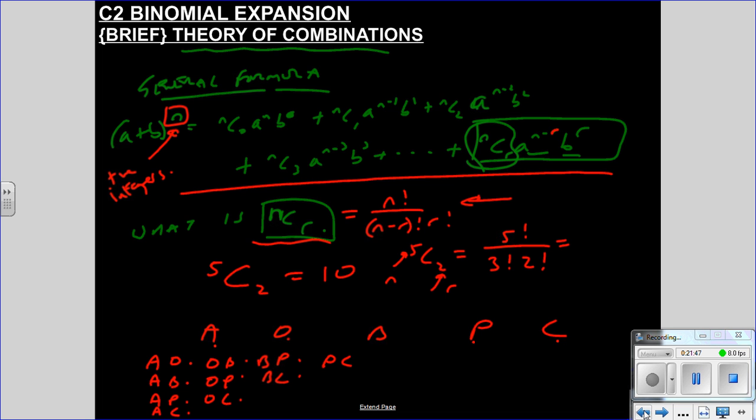There's some really fun stuff you can do with factorials. Can you see that 5 factorial is the same as 5 times 4 factorial? Can you see that? And 4 factorial is the same as 4 times 3 factorial over 3 factorial, 2 factorial. And do you see that 3 factorial cancels out? 4 divided by 2 times 1 is just 4 divided by 2. So there you go, you're left with 10.